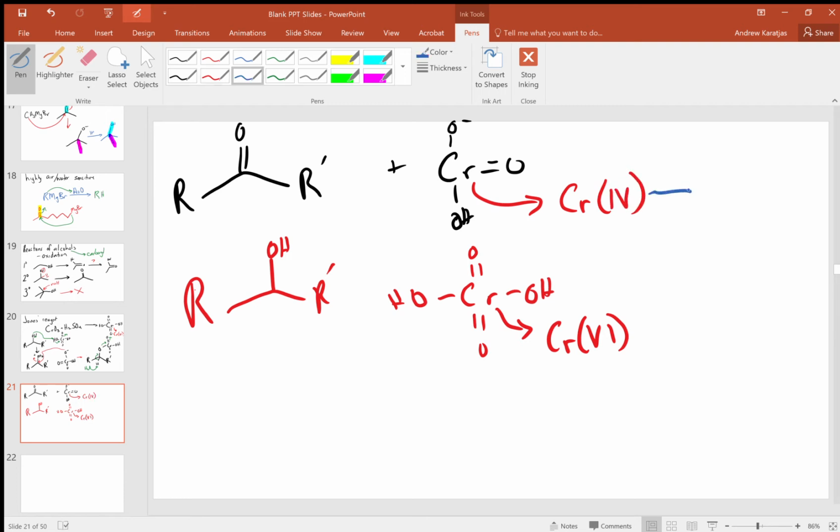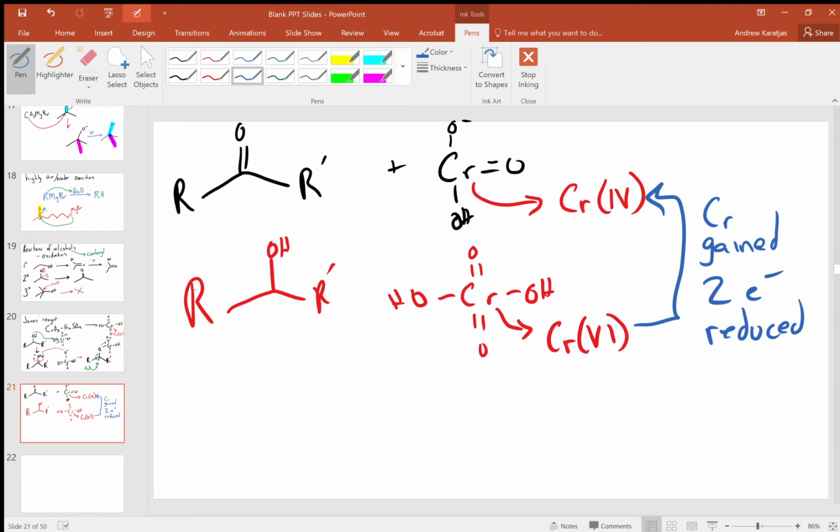And so we can see now that the chromium has gained 2 electrons, or it's been reduced. And let's correct our arrow. Everything we've said is correct, we just have the arrow going in the wrong direction.